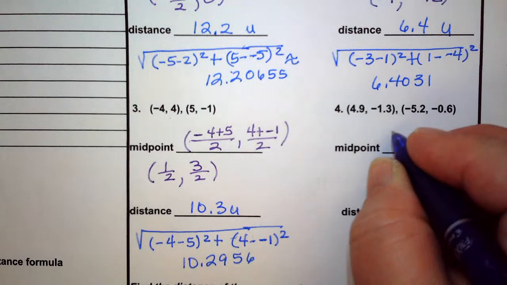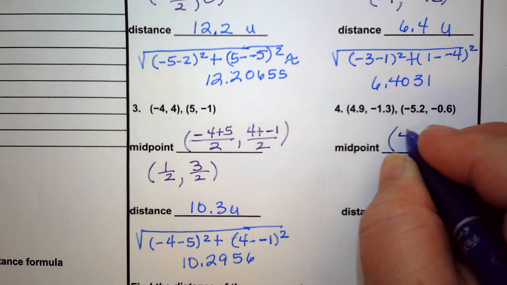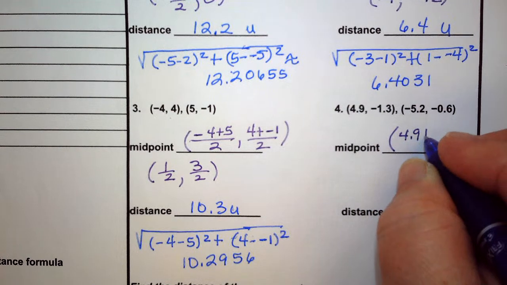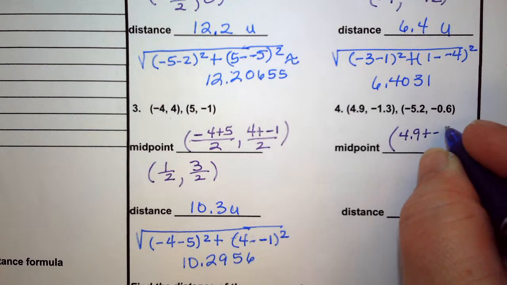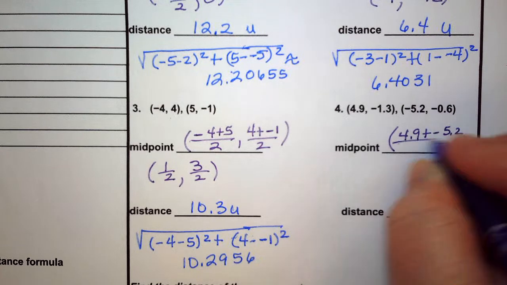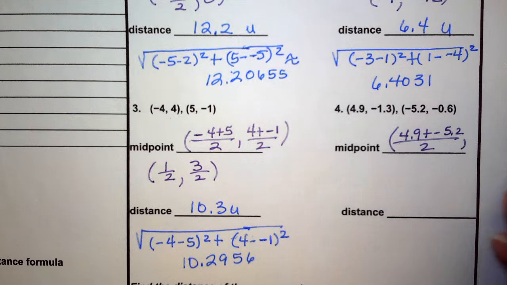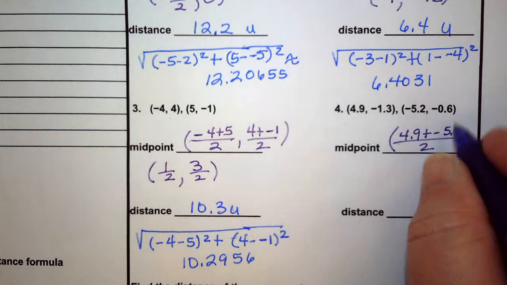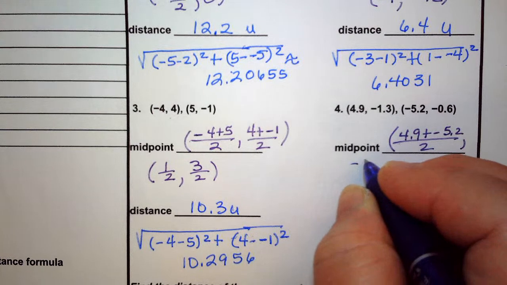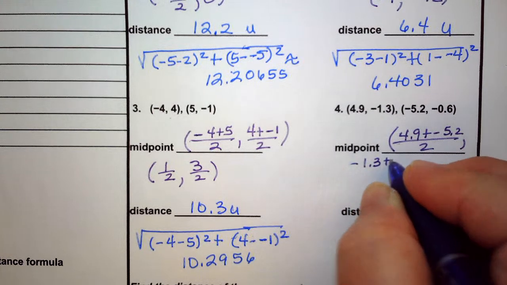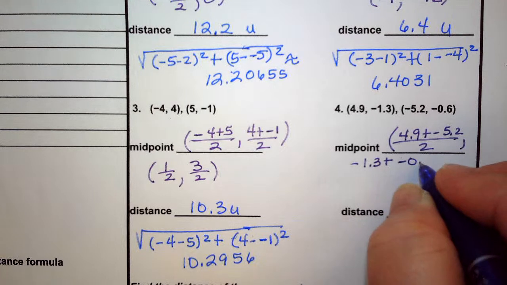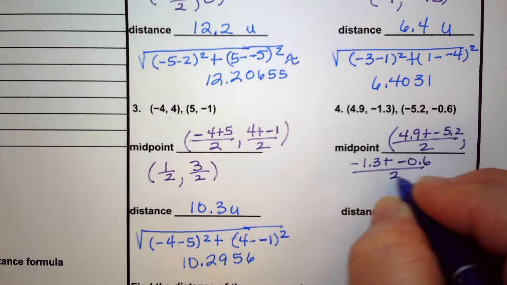Okay, here we go. (4.9 plus negative 5.2) divided by 2. This one's going to go off the page. And (negative 1.3 plus negative 0.6) divided by 2.